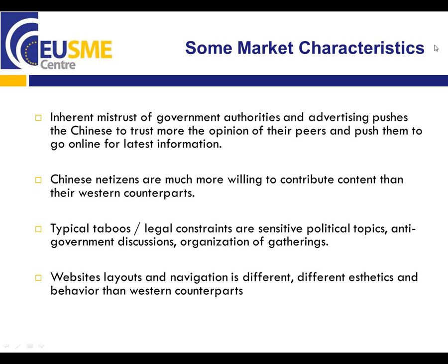Typical taboos and legal constraints are still very sensitive, and the government is trying to control everything that is published on the internet, whether on regular websites, blogs, microblogs, or all the social media platforms. And the last thing is that website layouts and navigation are very different from what we use in the West.